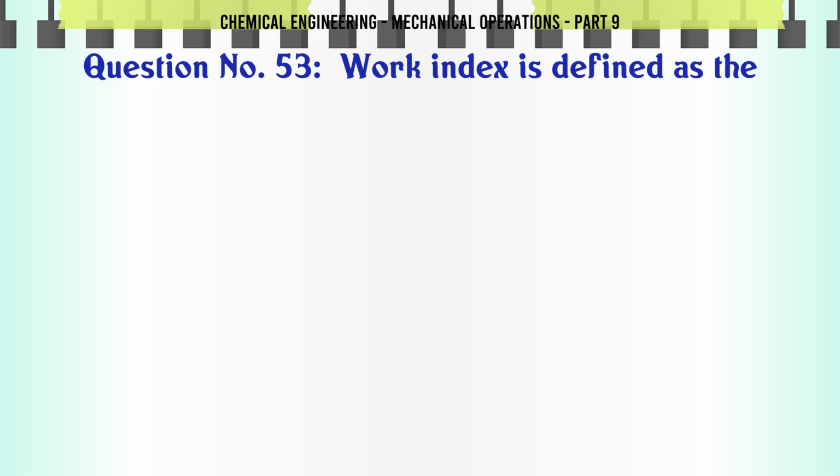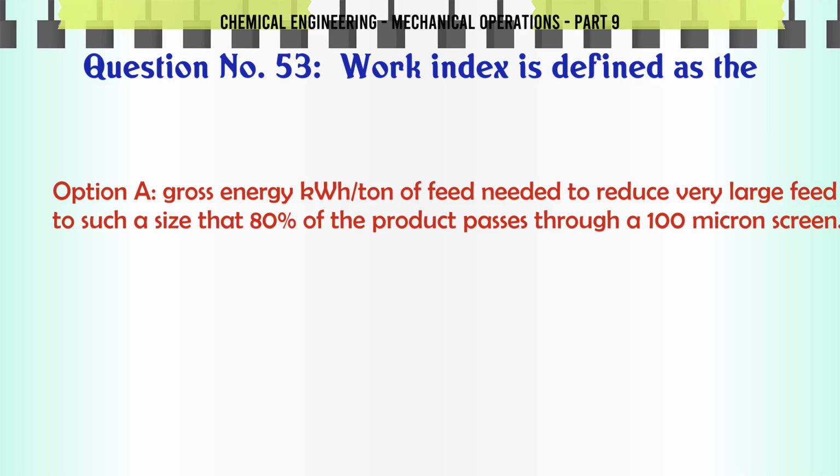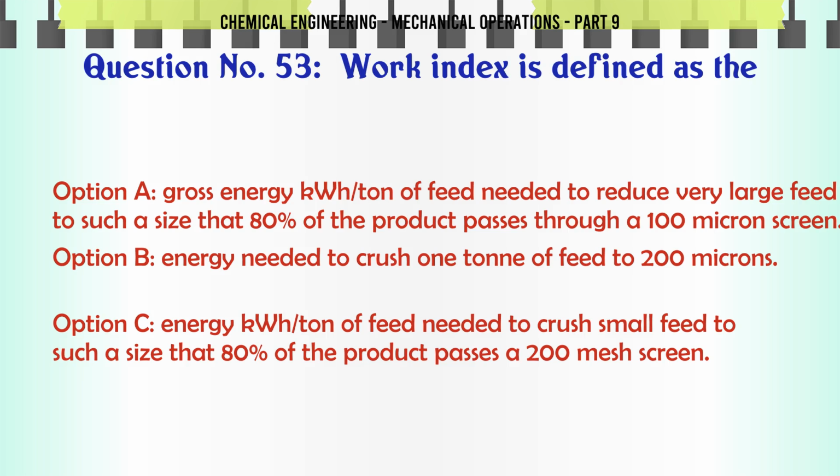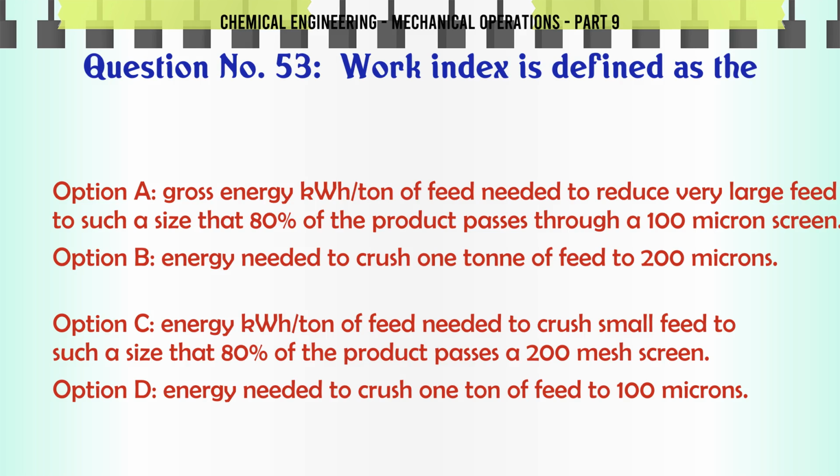Work index is defined as: A. The gross energy in kWh per ton of feed needed to reduce very large feed to such a size that 80% of the product passes through a 100 micron screen. B. Energy needed to crush 1 ton of feed to 200 microns. C. Energy in kWh per ton of feed needed to crush small feed to such a size that 80% of the product passes a 200 mesh screen.